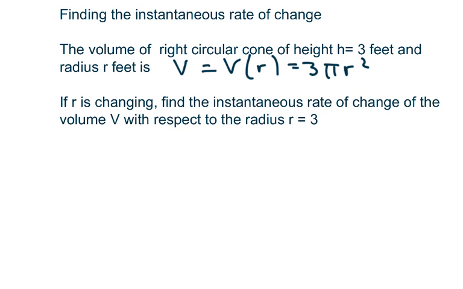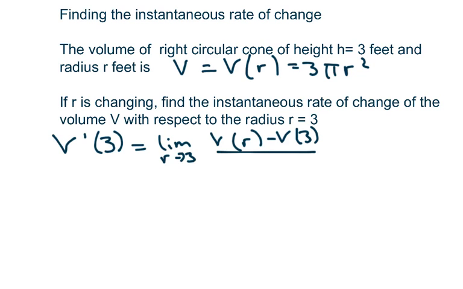and we're going to find the instantaneous rate of change of the volume with respect to the radius r equals 3. So basically this is going to be the derivative of the volume with respect to r at 3 equals the limit as r approaches 3 of the volume of r minus the volume of 3 over r minus 3.